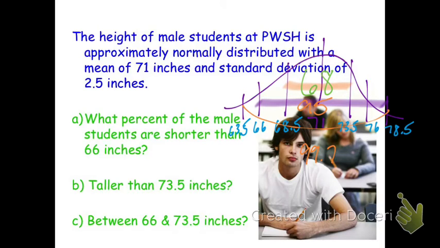So, what percent of male students are shorter than 66? So, here's my 66 right here. I want to know the percentage less than that. Based off of what I know, 95% are within 2 standard deviations.